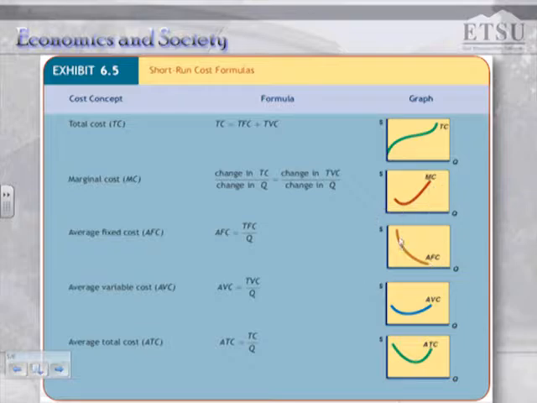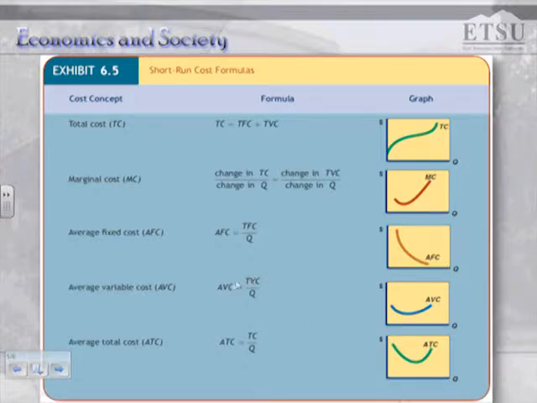The average fixed cost is going to be always declining, because if you look at the average fixed cost there, it's total fixed cost divided by quantity. These fixed costs don't change, so as the quantity gets bigger, as the denominator increases, this whole fraction is going to get smaller. So we see as we go from left to the right, this number, average fixed cost, is going to get much smaller.